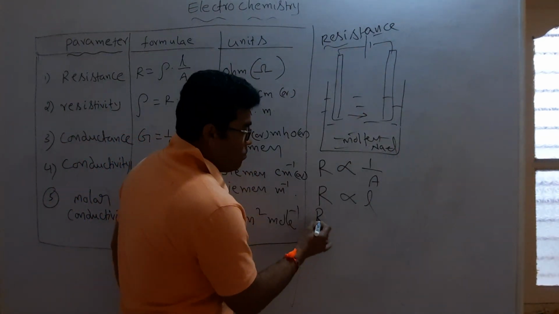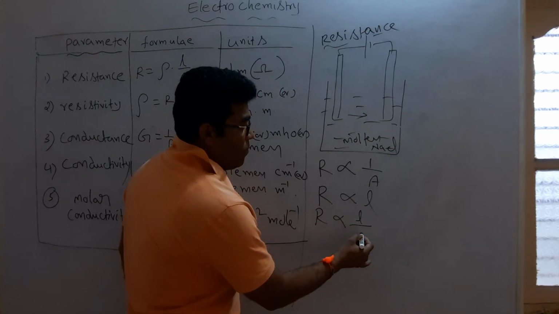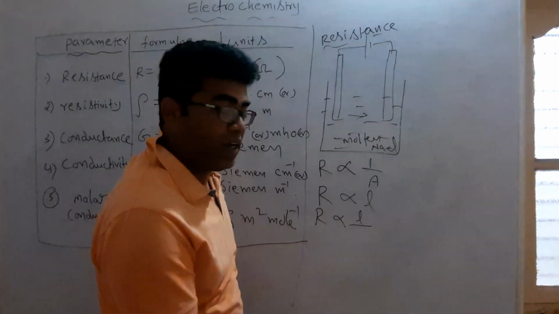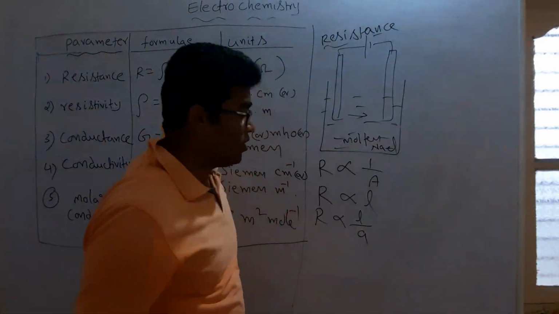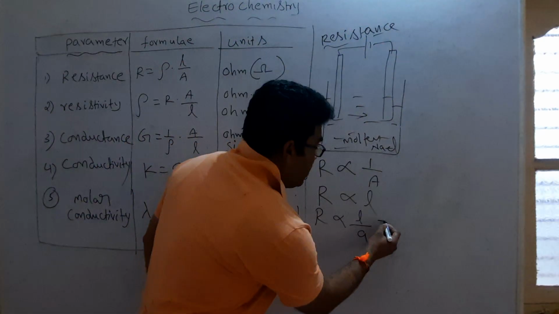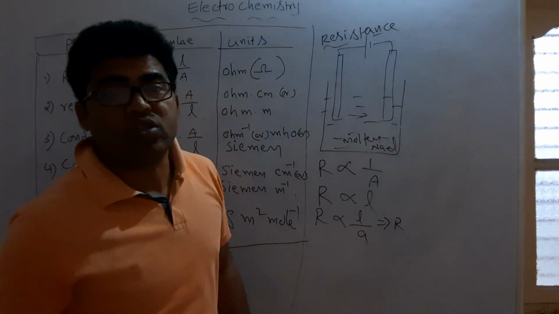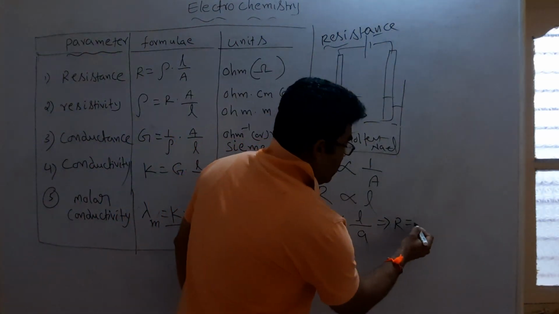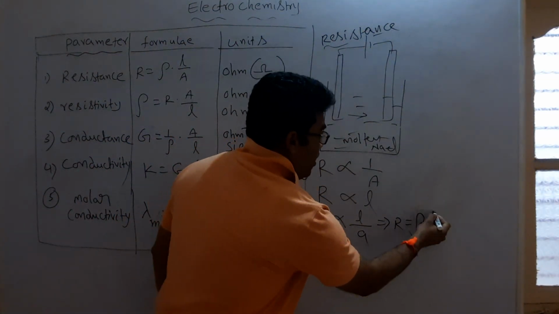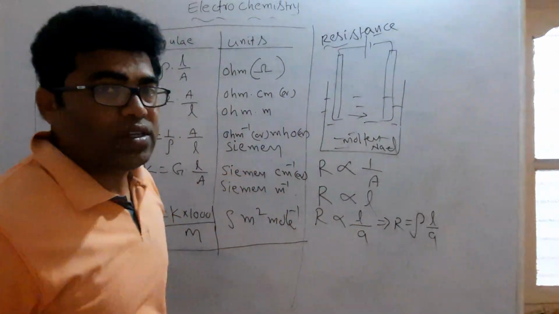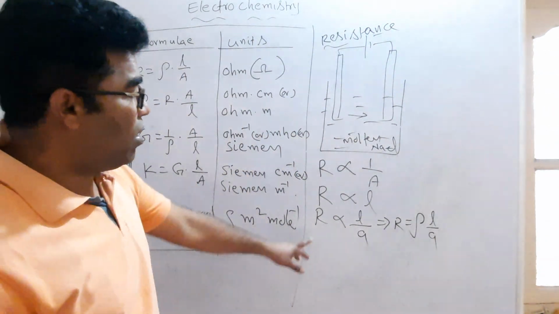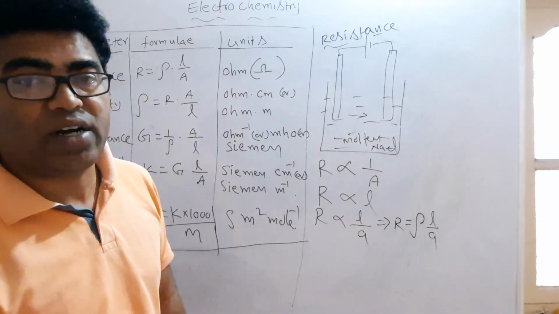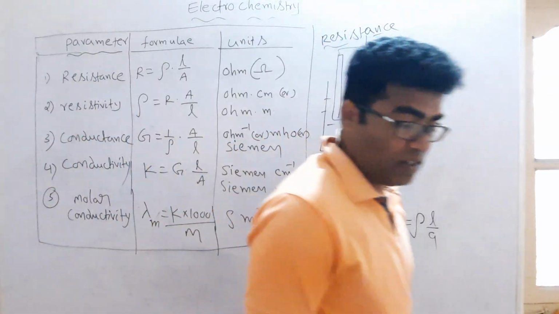Then R is proportional to L by A, either capital A or small a, whatever you want to take. If you remove the proportionality, you get a constant: R equals rho L by A. Here R is resistance, and rho is a constant known as specific resistance.